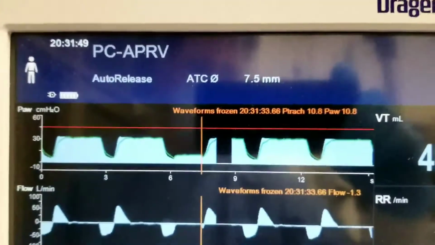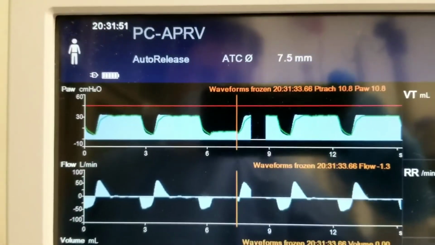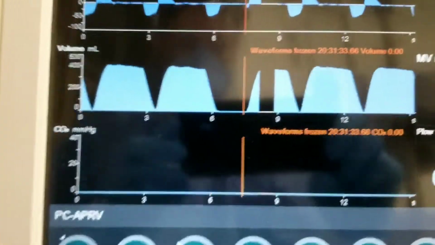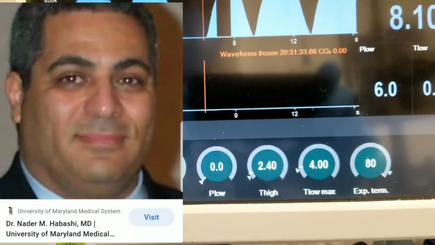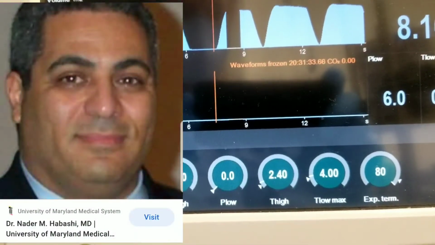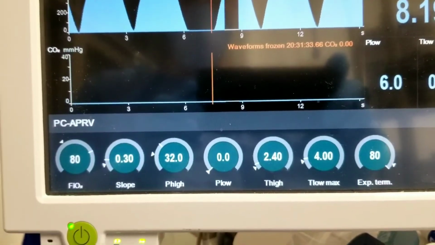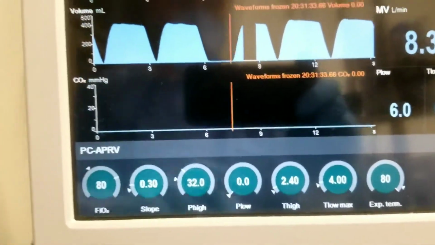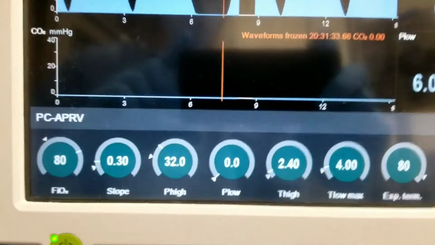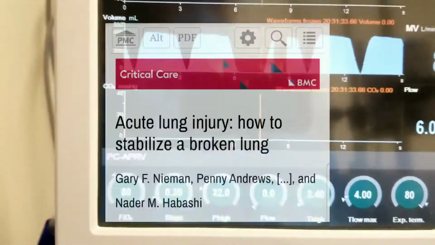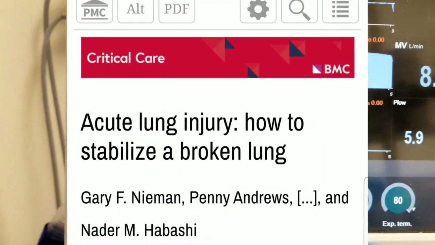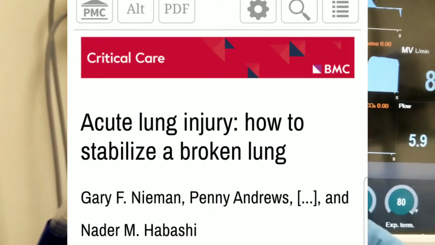So it kind of backs up what Dr. Nadir did, his studies and the suggestions using the time-controlled adaptive ventilation, TCAV. You can look at TCAV and Dr. Nadir to understand this whole method of using specifically APRV with this auto-release. If I would take it off, it'd be like traditional APRV where you can set the P low.